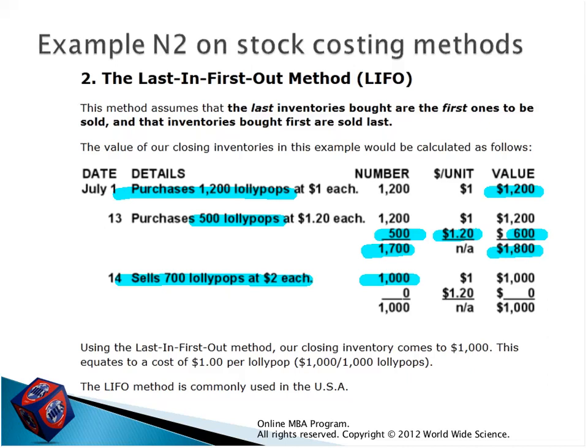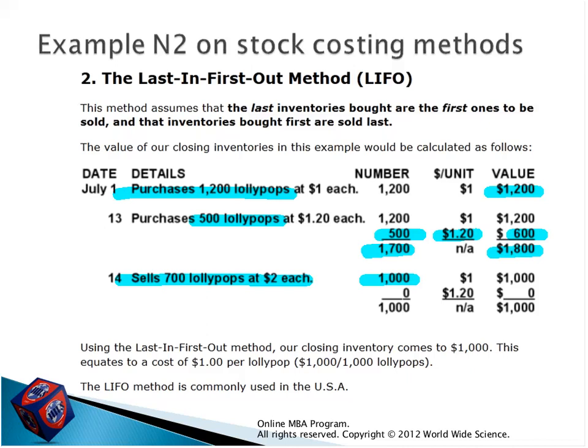Then you will get 1,000 units of lollipops. And this is the 1,000 of inventories which is left at the end of the month.